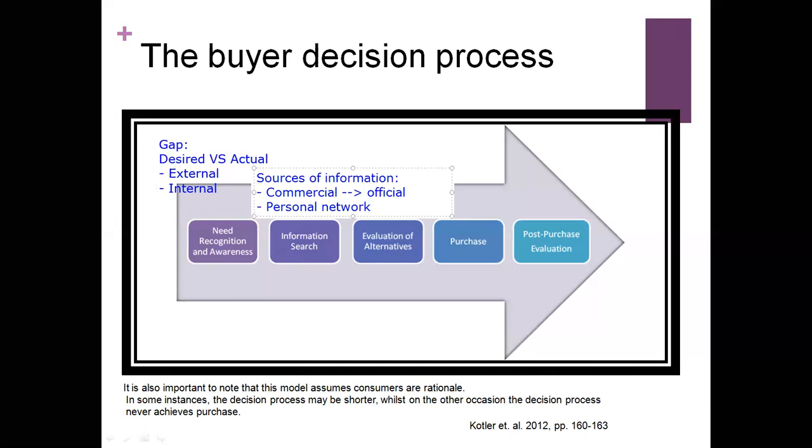The commercial source provides the official information that consumers can research, as discussed before, while the personal network provides information that is considered more reliable. Therefore it will be more convincing for our consumers.